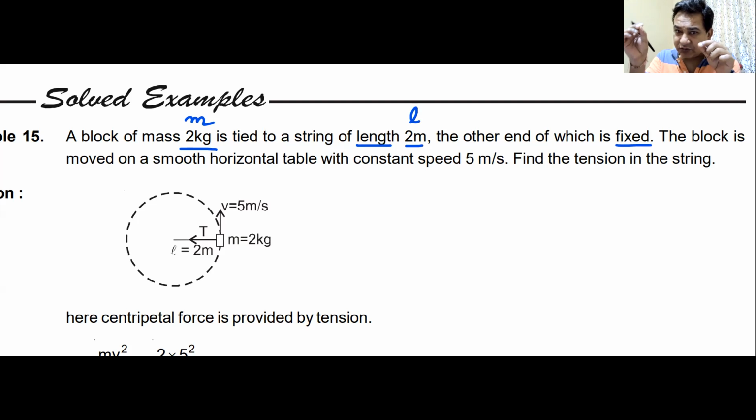One end is tied to the block, the other end is fixed. Obviously, it is going to move. The block is moved on a smooth, so there is no friction, horizontal table, the table on which you are writing, with a constant speed 5 meter per second. Instead of calling it 5 meters per second, let me call it V.